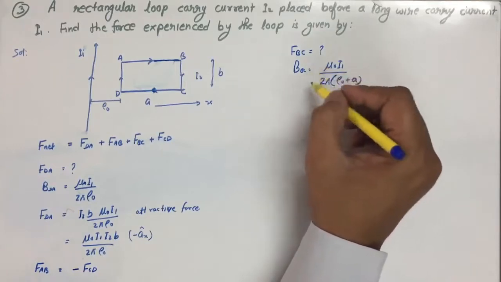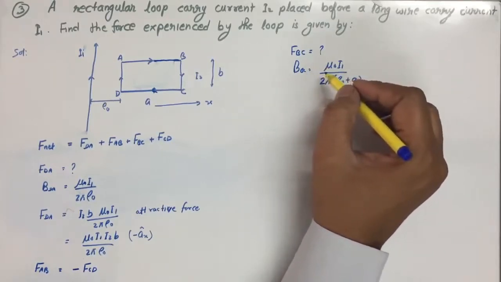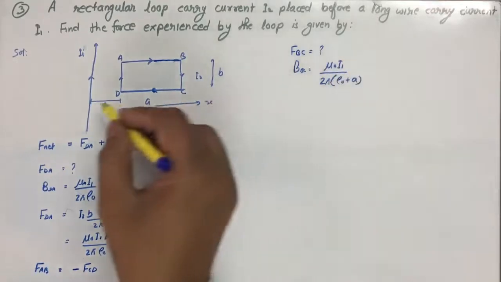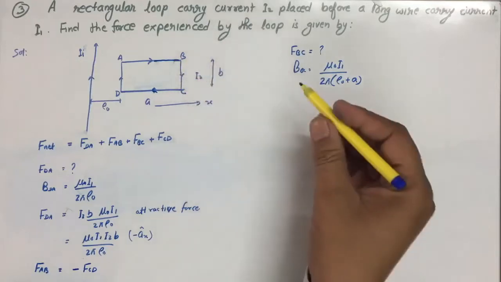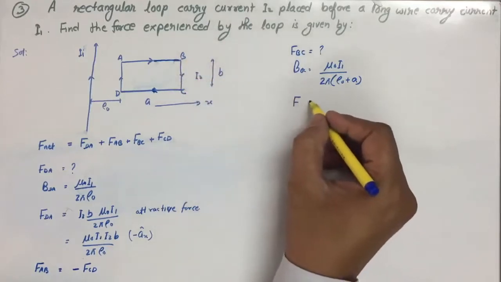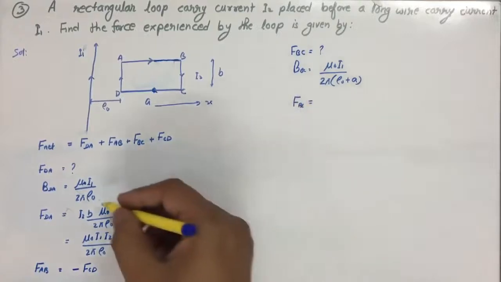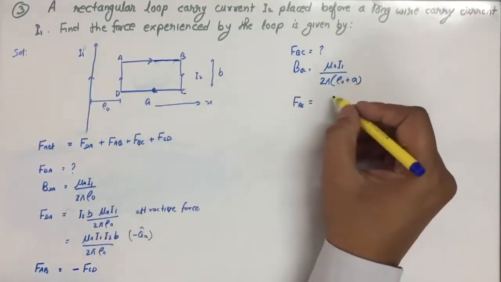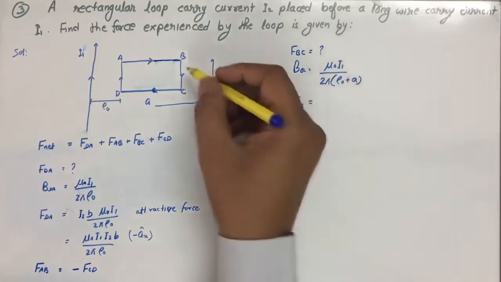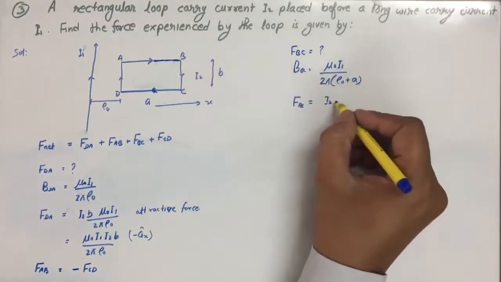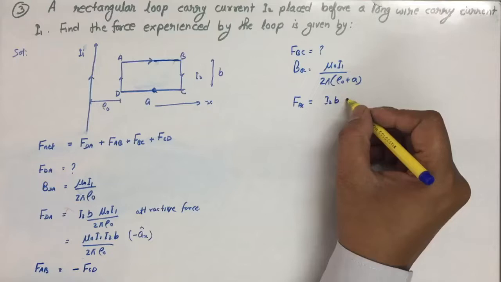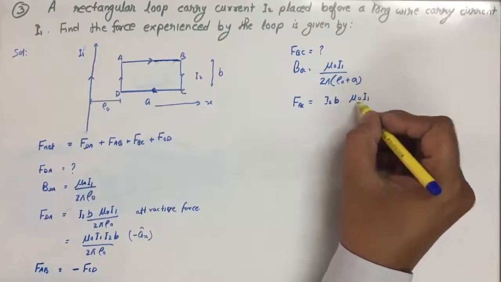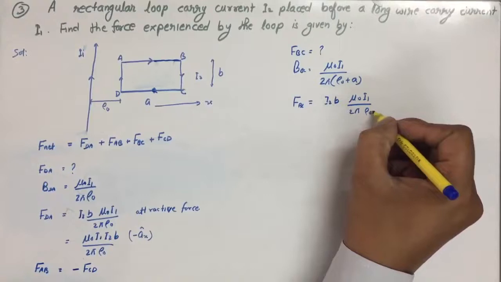Okay, so this is B, and if it is B at this element, then the force will be, if we try to find the magnitude, I2 L cross B, that is I2 B multiplied with B, mu naught I1 divided by 2 pi (rho naught plus A).